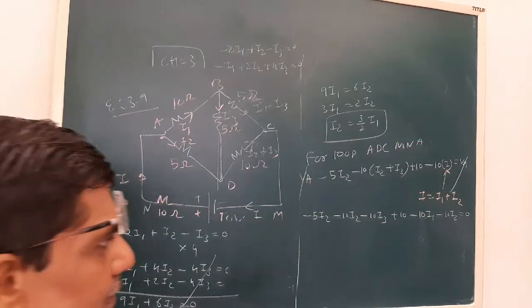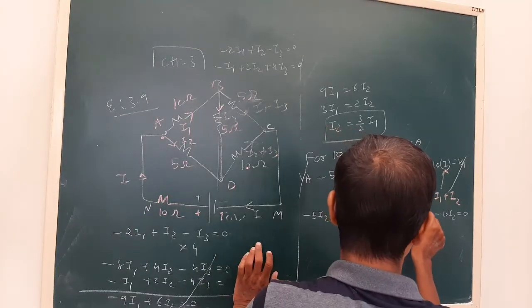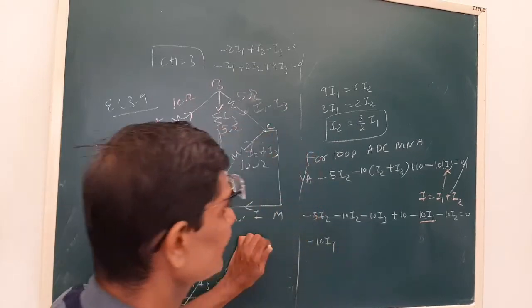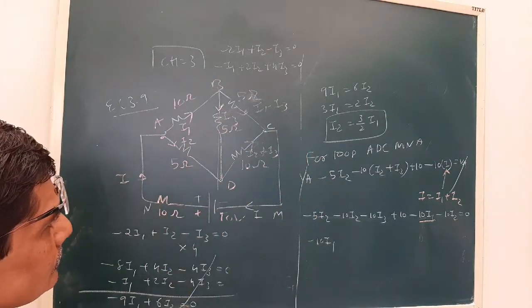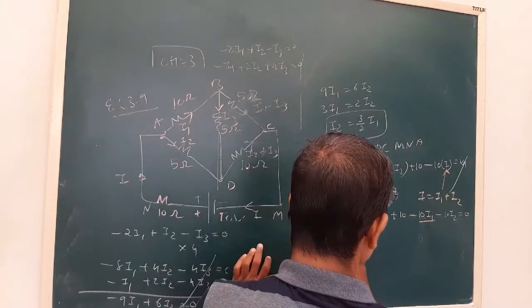Why is there a negative sign here? So what are the terms with I1? Minus 10I1. Now what are the terms with I2?